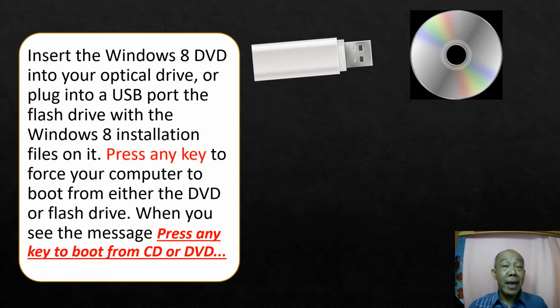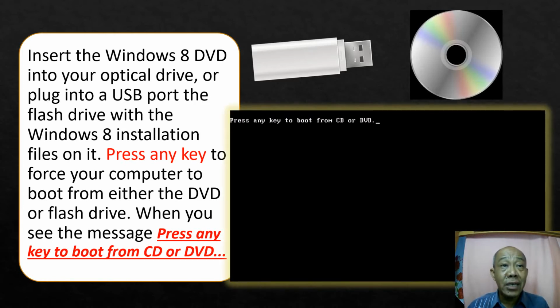And when you see this message, you're going to press any key in order for you to boot into the media that you are going to use. So here I'm going to show you how to clean install Windows 8.